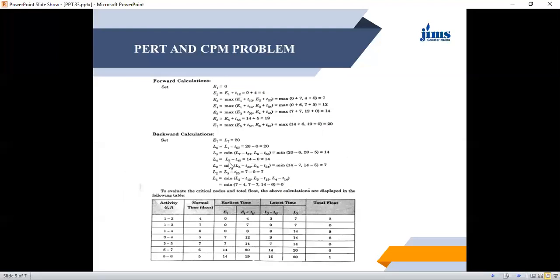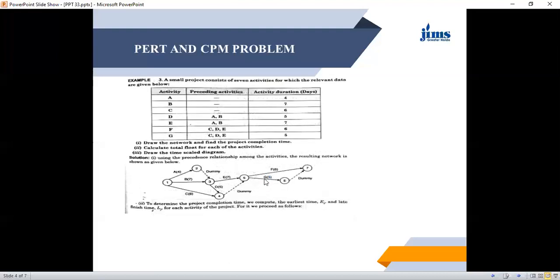Similarly, L5. L5 will be equal to what? See here, L5. This is L5. Here we calculate the minimum of L7 minus T57 and L6 minus T56.